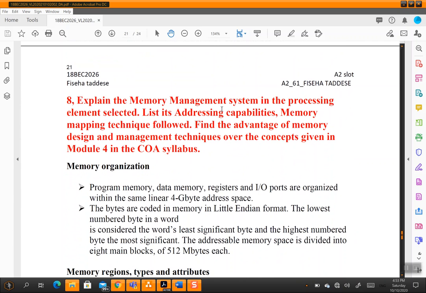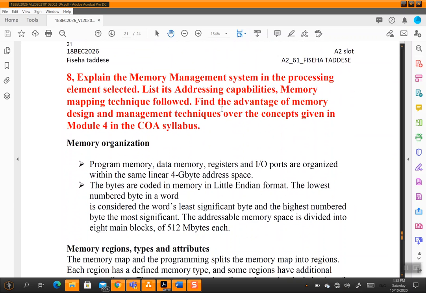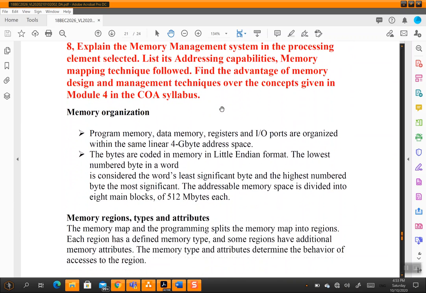Next question: explain the memory management system in the processing element selected. What kind of memory organization resides in the selected microcontroller? When we see the memory organization, program memory, data memory, registers, and IO ports are organized within the same linear 4 GB address space.